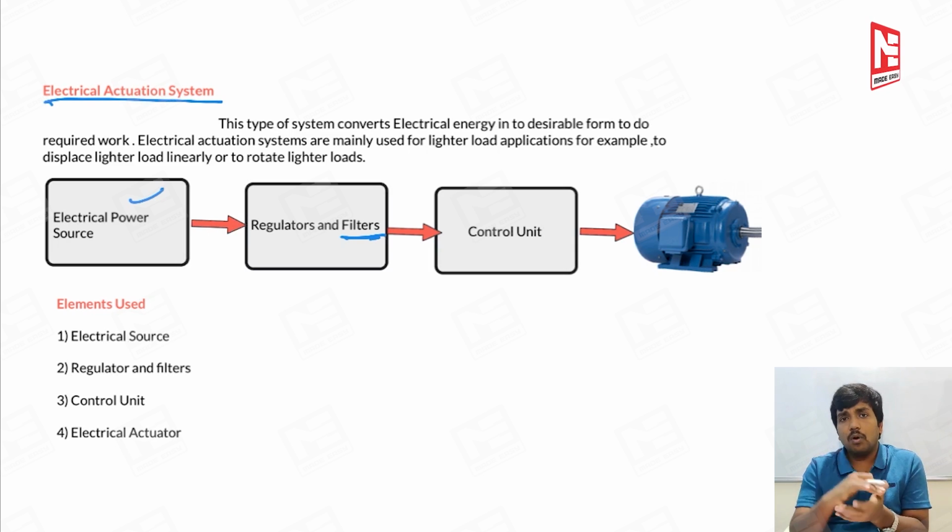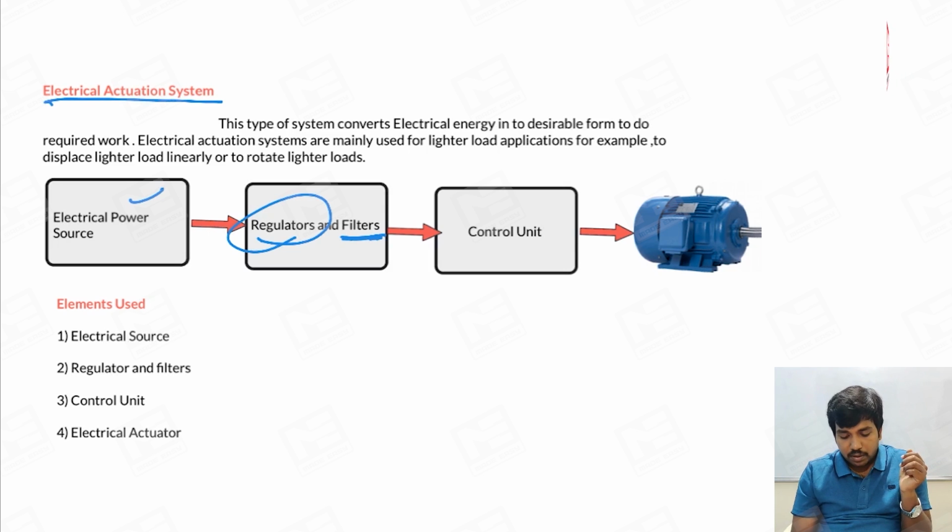If you have more voltage, it will reduce it, and if you have less voltage, it will maintain the voltage at the required level. Clear? So the regulator does that job, and the filter removes the noise, and after the regulator and filter, we will have a purified form of electrical output at the desired level.